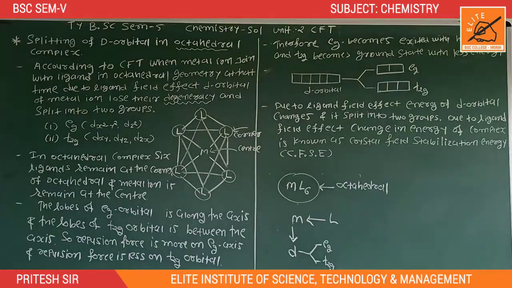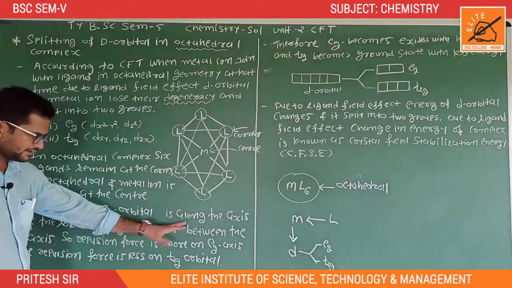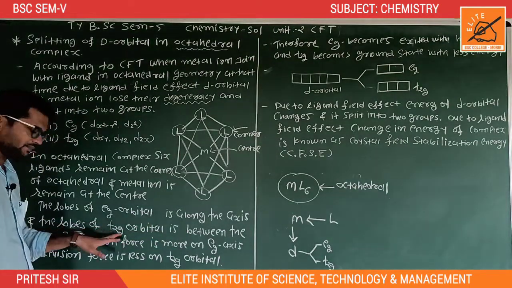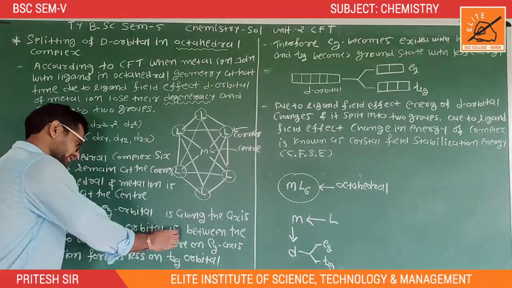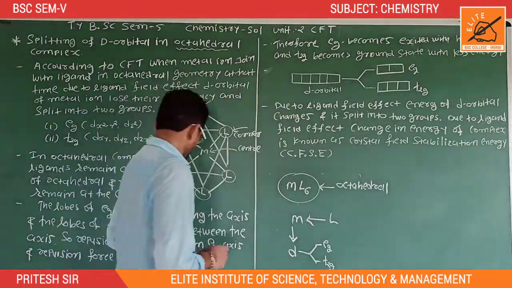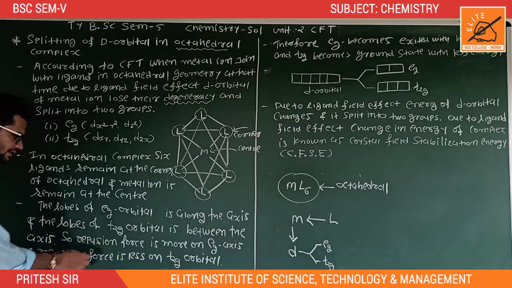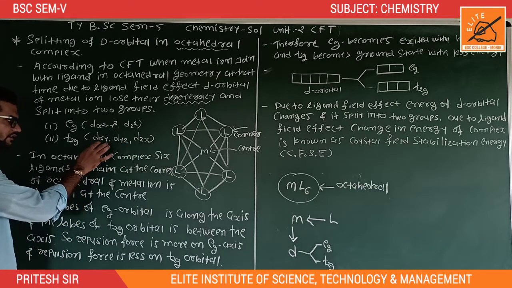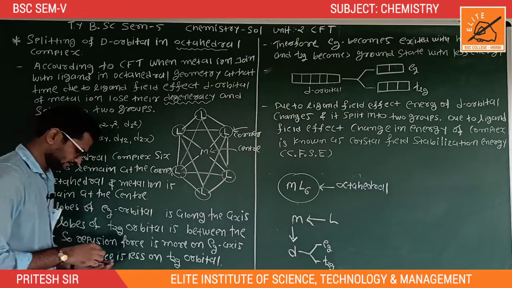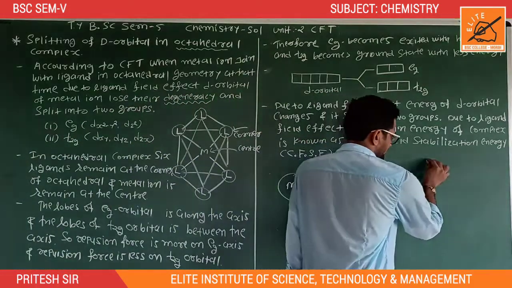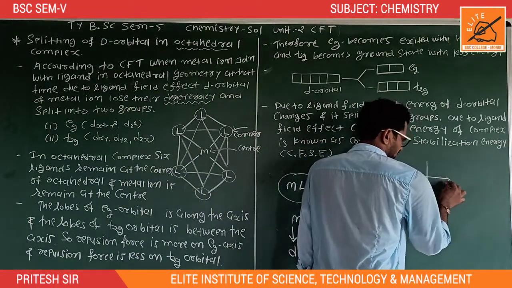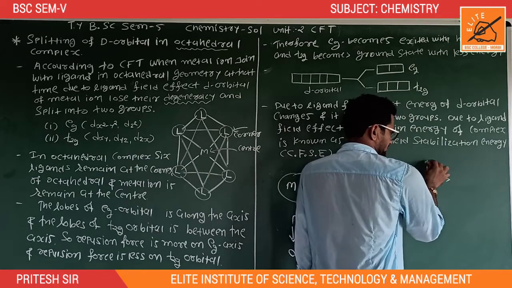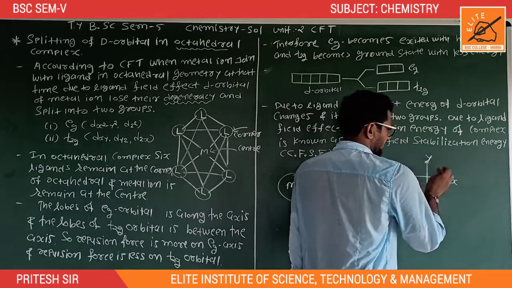The lobes of the Eg orbitals are along the axis and the lobes of the T2g orbitals are between the axis. T2g contains three orbitals, dxy, dyz and dzx. I will draw the figure of dxy. Here this is the x-axis and this one is the y-axis.